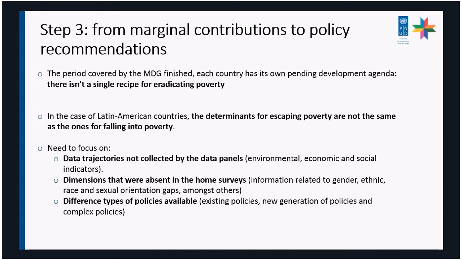We know that these are very important elements of our SDG agenda, so it's important to look at each country's situation regarding this kind of social exclusion in order to make the appropriate policy recommendations.